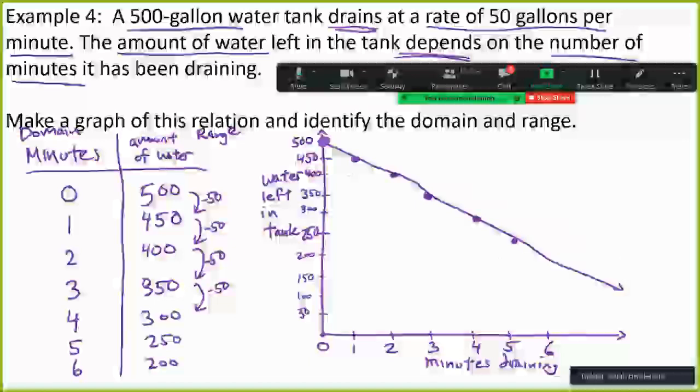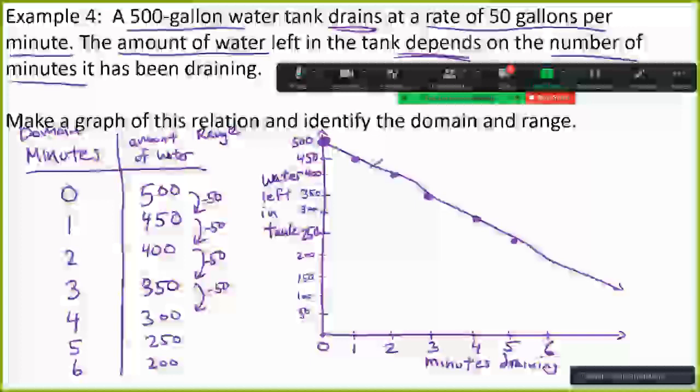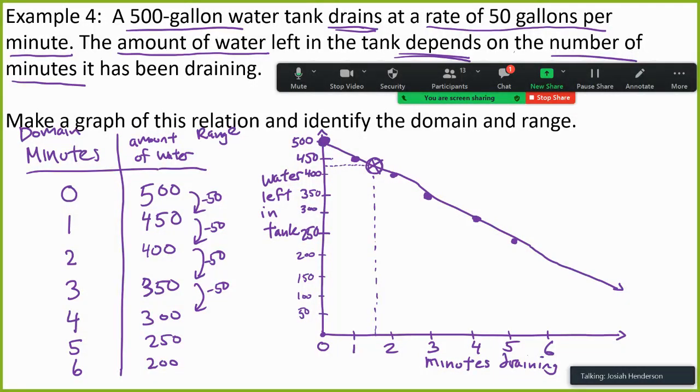And so for instance, like this point right here, whatever that is, that's a legitimate amount of time. Looks like it's about 1.5, maybe a little more than 1.5. And how many gallons does that look like it is? Maybe it's 420 or 425 or something.